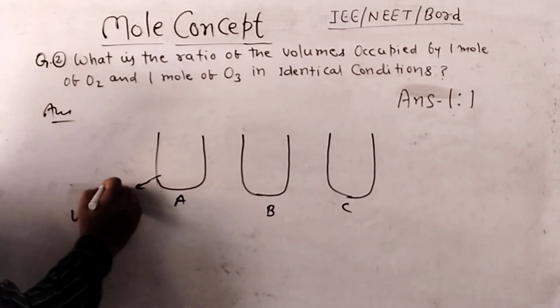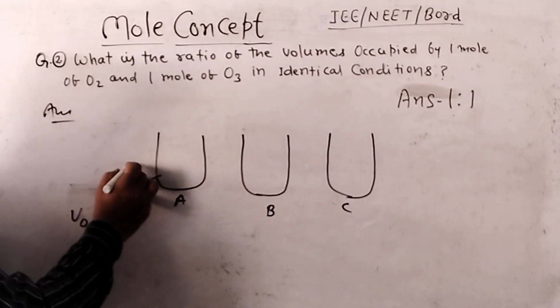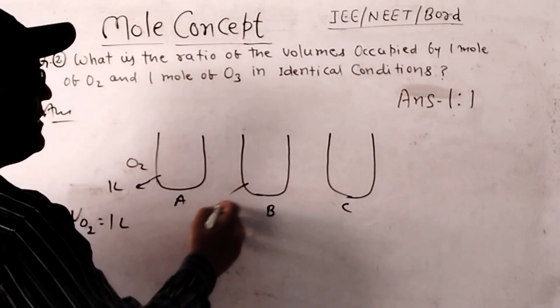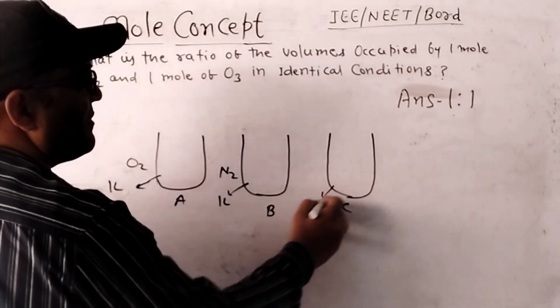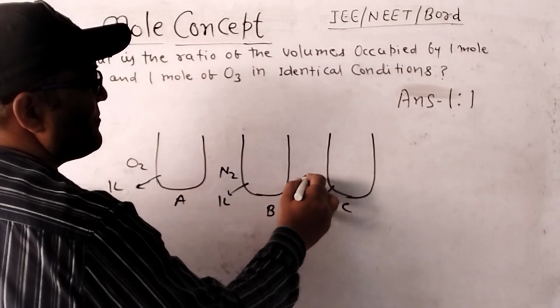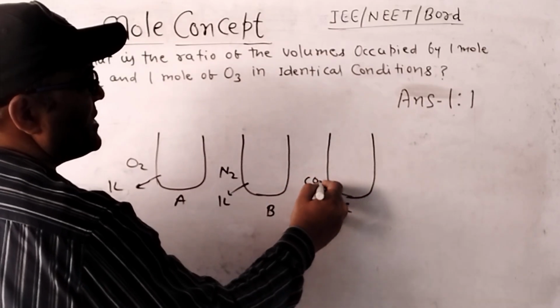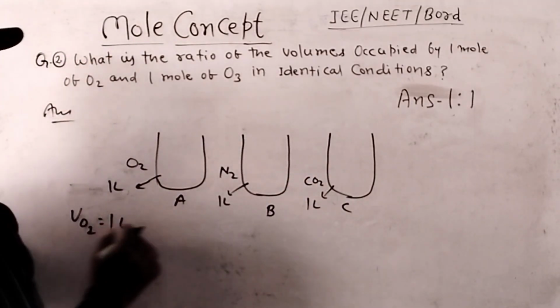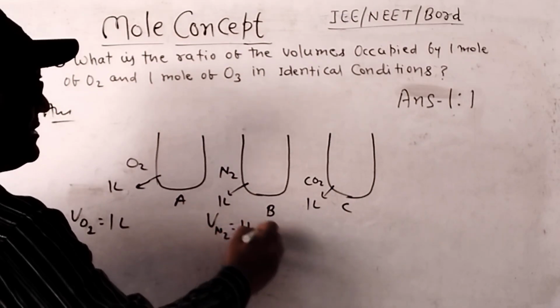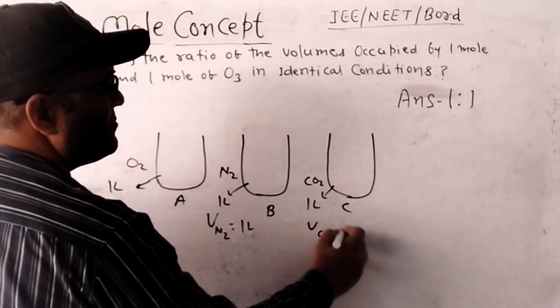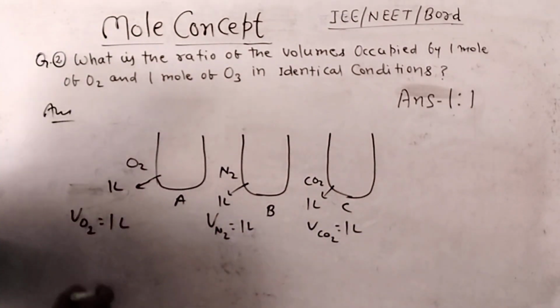So 1 liter O2 gas is present. Here 1 liter N2 gas is present. Here 1 liter of some other gas like CO2 is present. Now volume of O2 1 liter, volume of N2 1 liter, volume of CO2 1 liter.